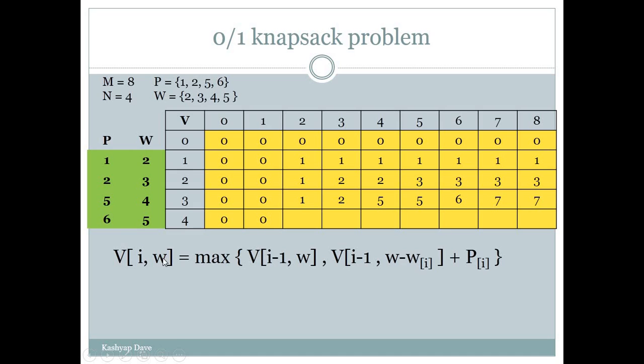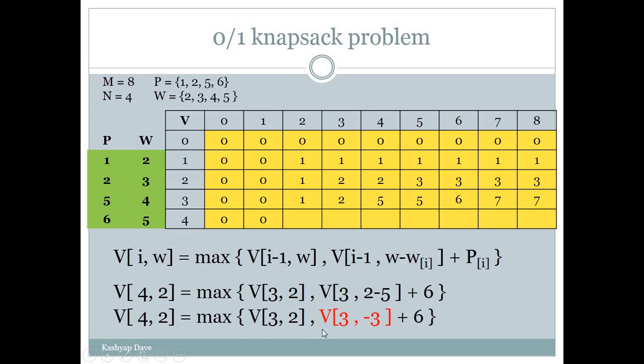I will be 4 and W will be 2. So our equation will become V42 is equal to max of I minus 1, means 4 minus 1 is equal to 3, comma W is equal to 2, so 3 2, comma V I minus 1, 4 minus 1 is equal to 3, comma W 2 minus weight of item is 5, so 3 comma 2 minus 5, plus profit of item is 6, so 6.